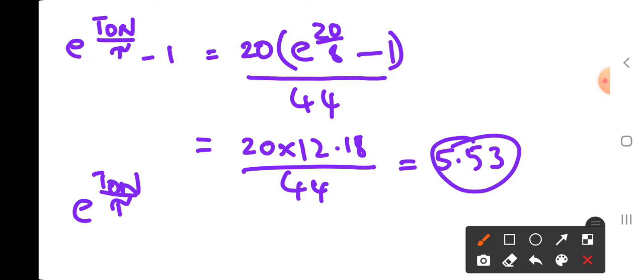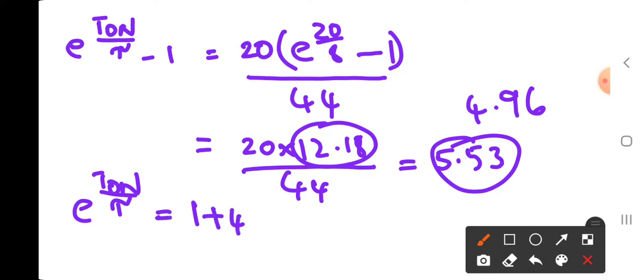Let me check this value once again. This is approximately 4.96. So e power T on by tau is equal to 1 plus 4.96, which is approximately 5.96.